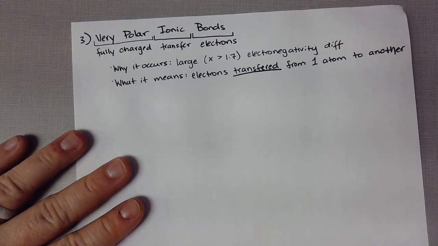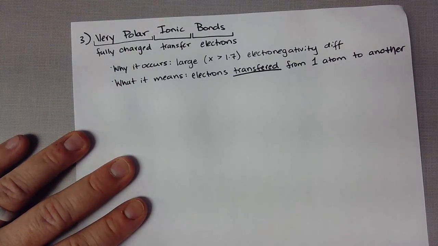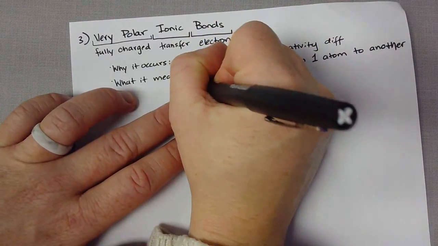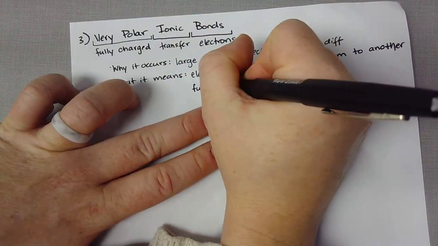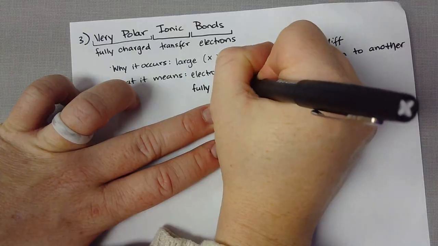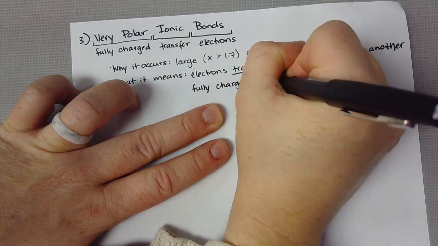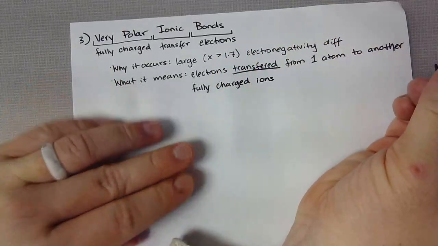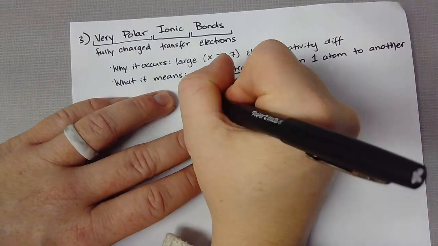What is this going to create? Well, instead of creating partially charged regions, now we're going to have fully charged ions. And our polarity is going to be very, very strong.